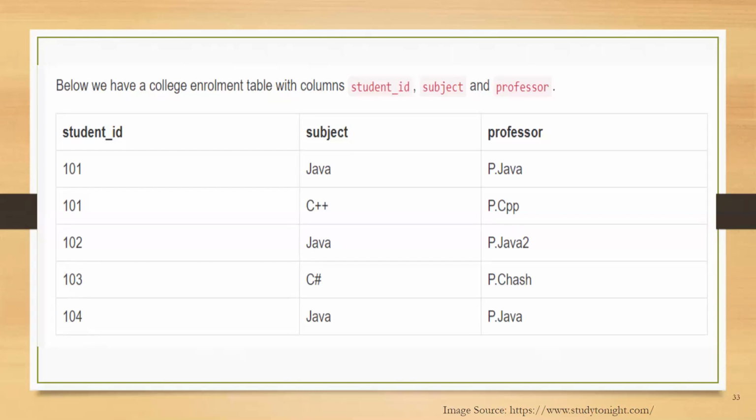So the question arises: what do you think should be the primary key? In this table, student ID and subject together form the primary key, because using student ID and subject, all the columns of the table can be uniquely identified.